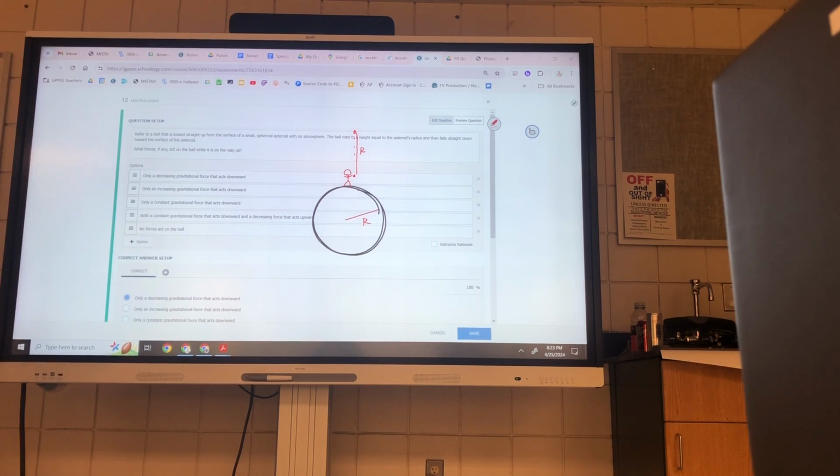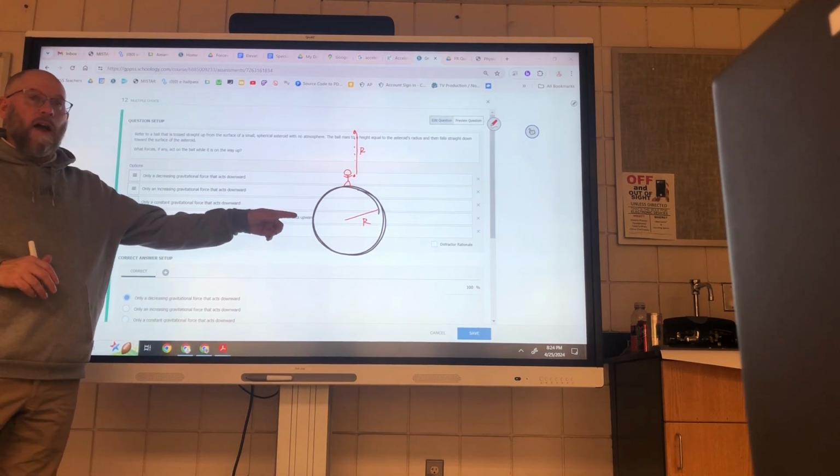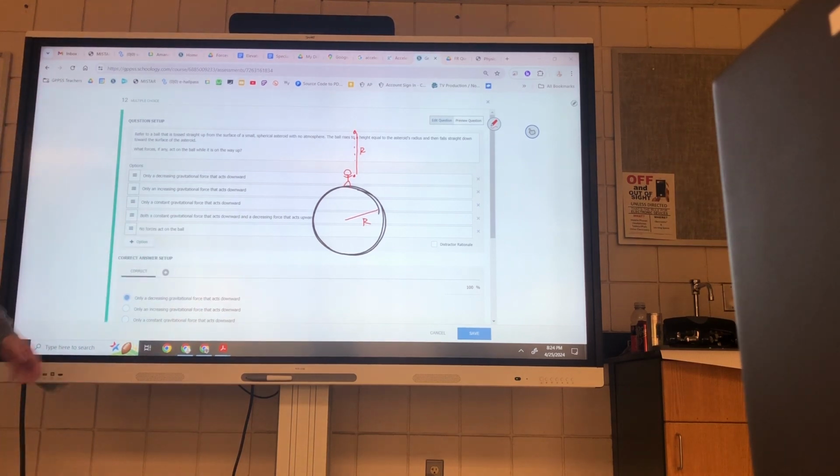Only a decreasing force acts downward. Only an increasing gravitational force acts downward. Only a constant gravitational force acts downward. Both a constant gravitational force that acts downward and a decreasing force that acts upward, like the force from the throw, or there's no forces on the ball at all.